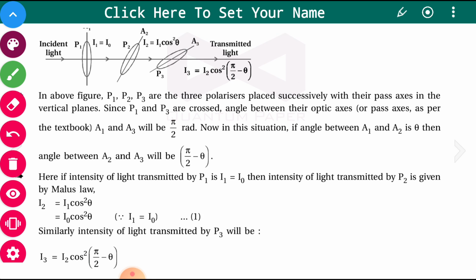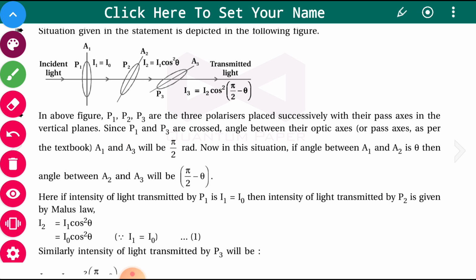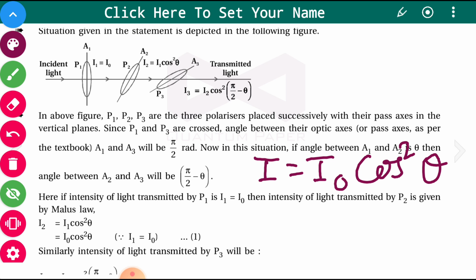Now as you know, the intensity which is coming out of the Polaroid is given by I is equal to I0 cos square theta. This is Malus law. Now the intensity of light coming out from the second plate, say I2, is I2 equal to I1 cos square theta.